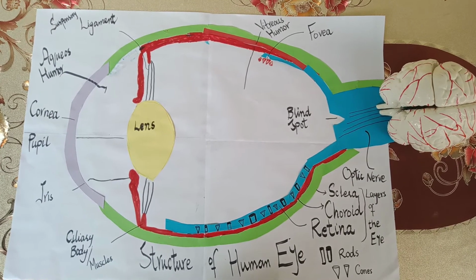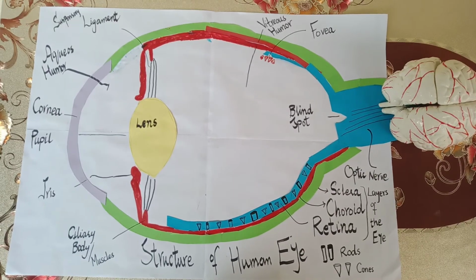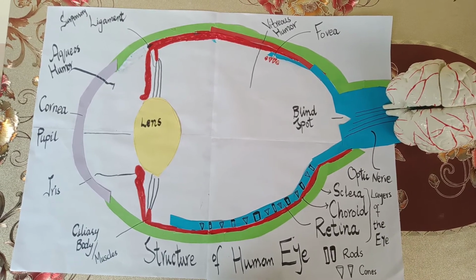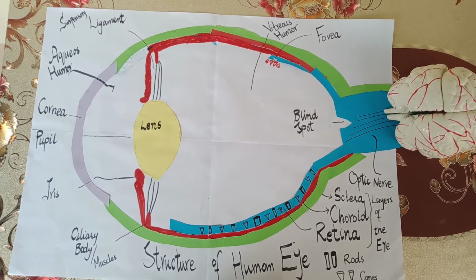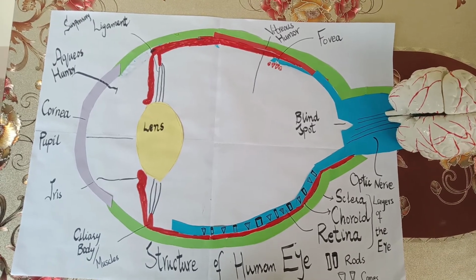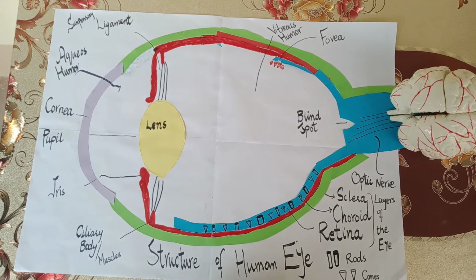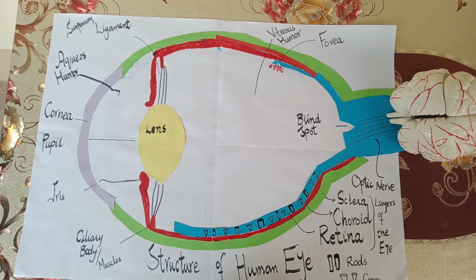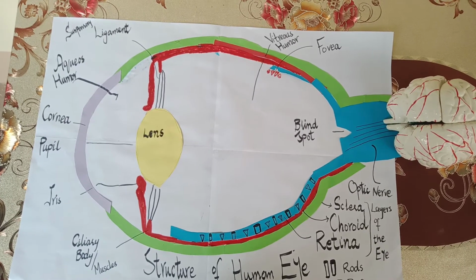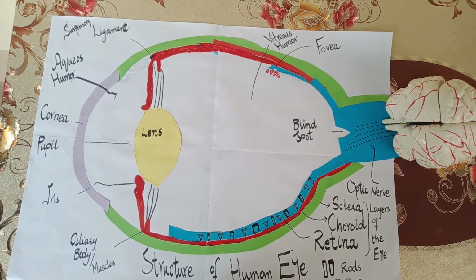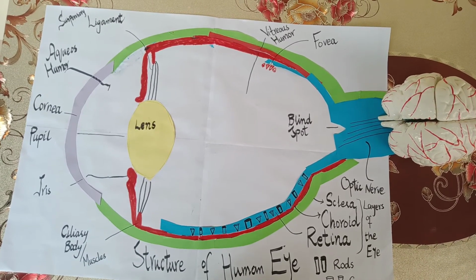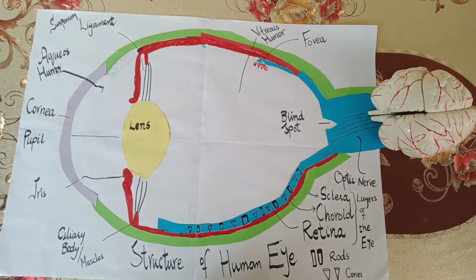I have discussed sclera, choroid, retina, which are the three layers of the eye. I have discussed cornea, aqueous humor, iris, ciliary body or ciliary muscles, suspensory ligament, vitreous humor, fovea, blind spot, optic nerve, and formation of image.